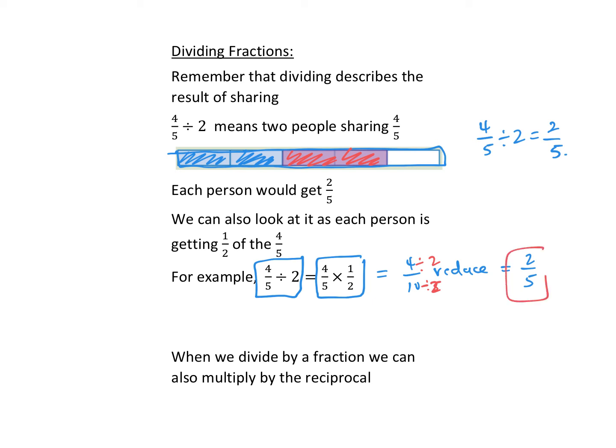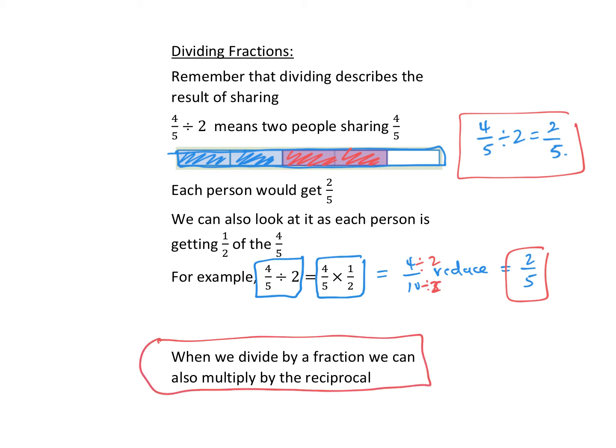So I can see that the 4 parts out of 5, if I divide it into 2 equal parts, each one gets 2 over 5, or I can also think of it as each person getting a half of what is available. So when we divide by a fraction, we can multiply by the reciprocal to get our solution.